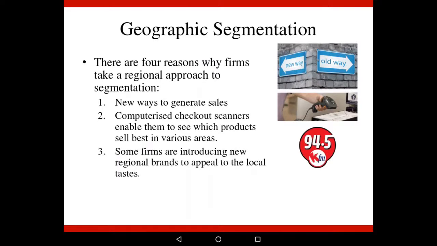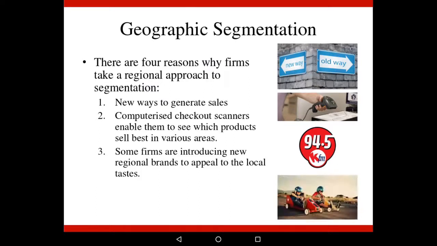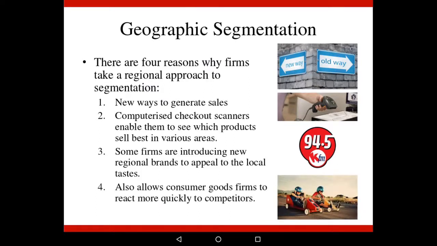So some firms are introducing new regional brands to appeal to local taste. Like KFM is a regional brand. It's a more local radio station which covers the Cape area. And it also allows consumer goods firms to react more quickly to competitors if they know what those competitors are offering in those regions.